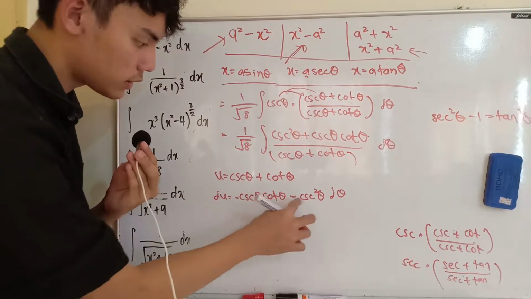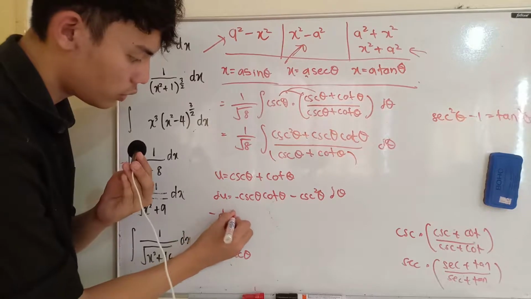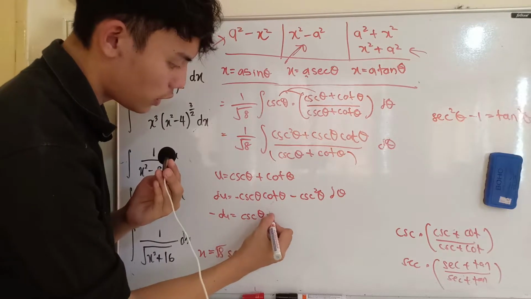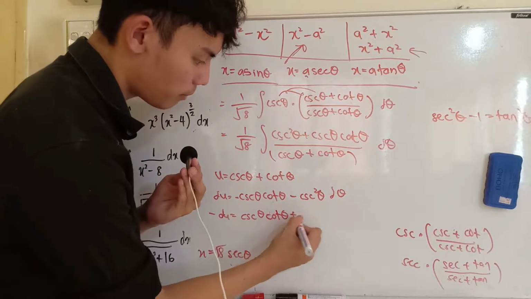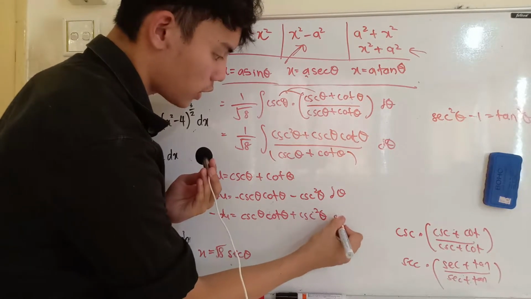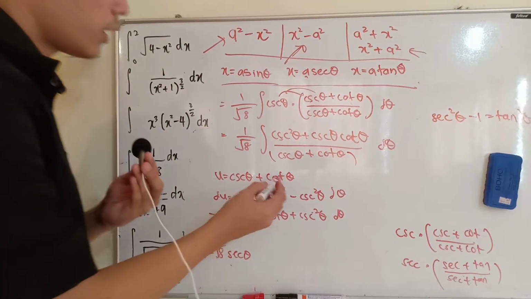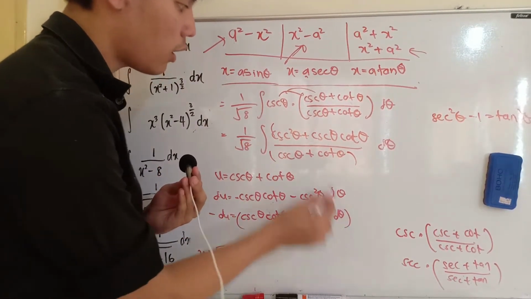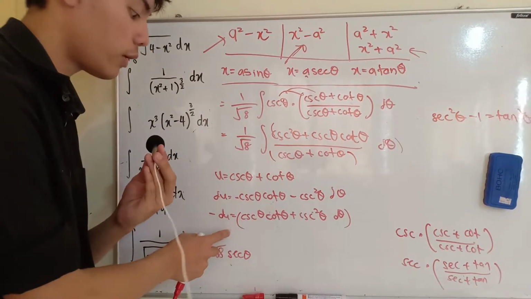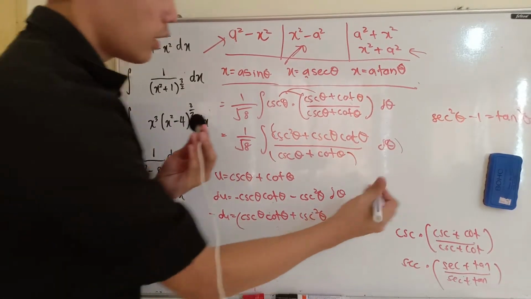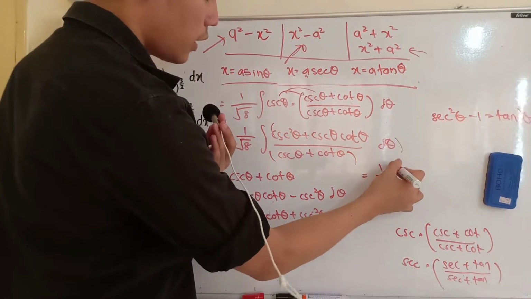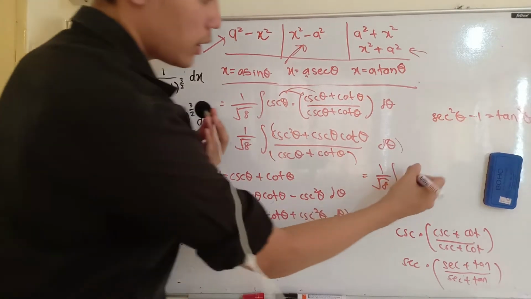So I just shift this minus to the other side: minus du equals cosecant theta cotangent theta plus cosecant squared theta d theta. As you can see, this is actually your numerator. So the whole numerator is your du. So now here I get 1 over 8, and the top one has du only.